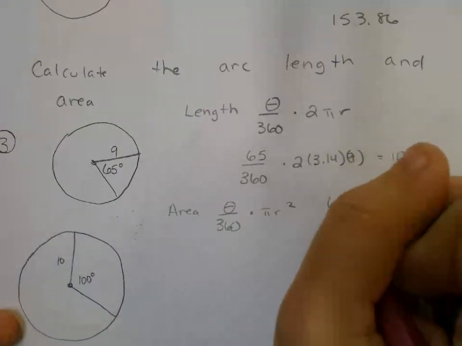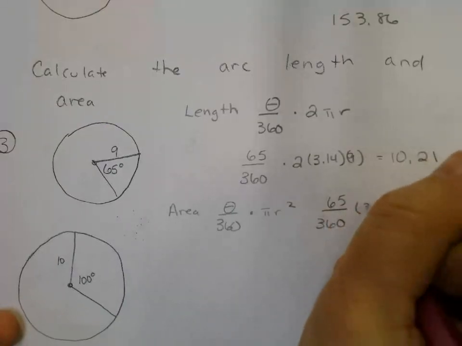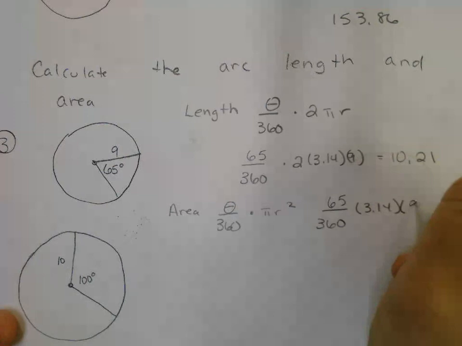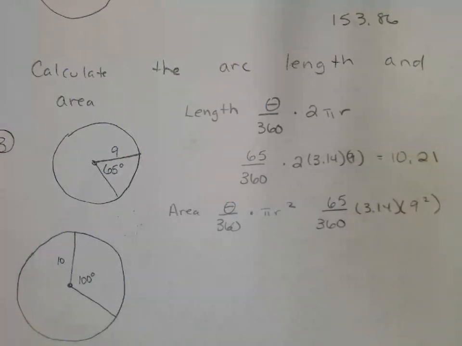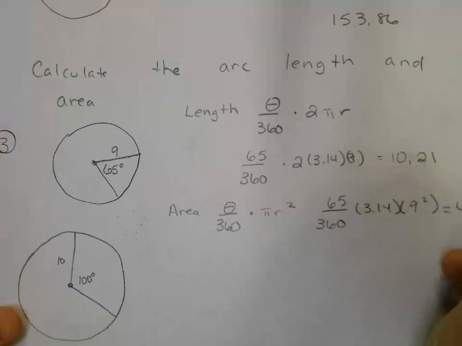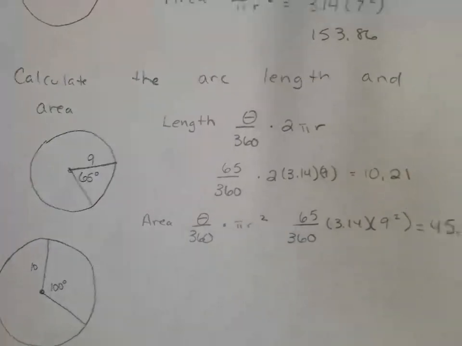So you're going to do 65 over 360 times 3.14 times 9 squared. Oops. 45.92. What should we got? 45.92.